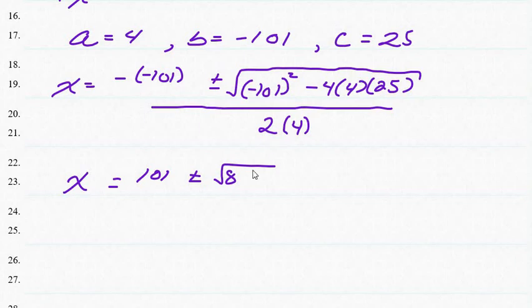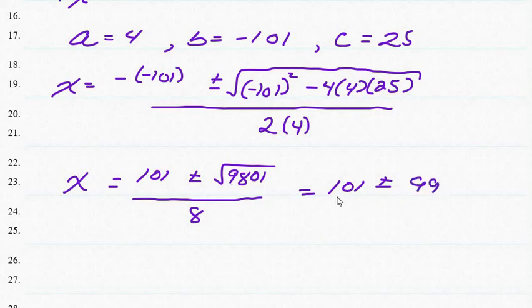Well, 9,801, which is actually a perfect square. So this is going to become 101 plus or minus. Okay, the square root of 9,801 is 99. That's all over 8.